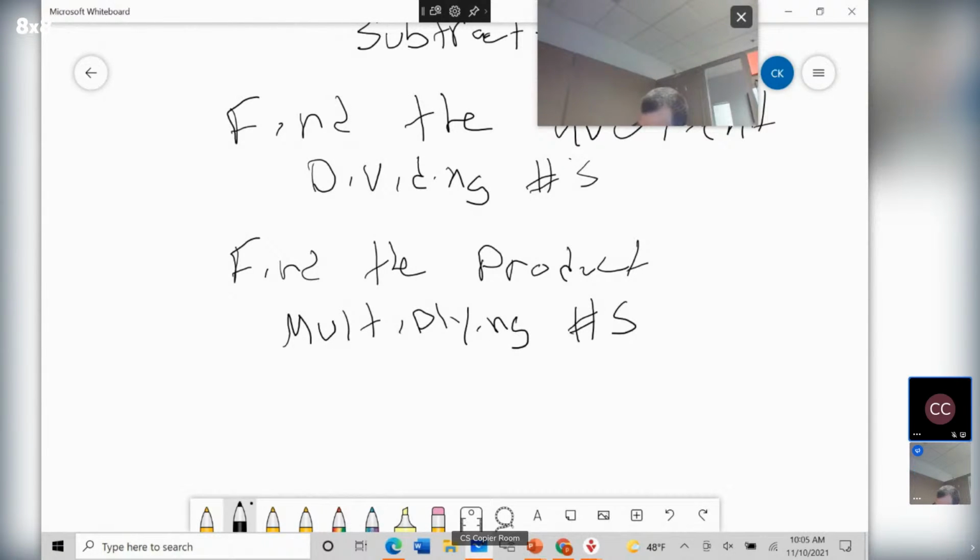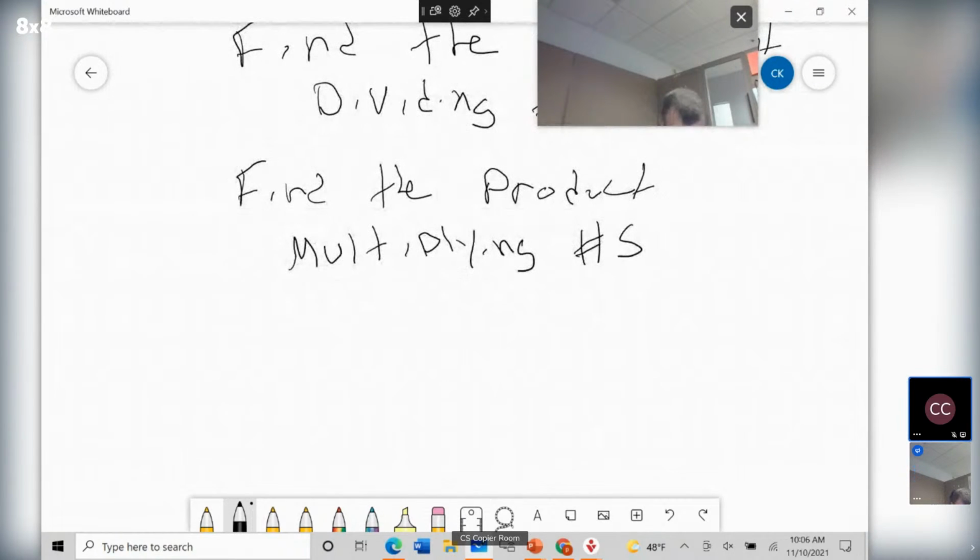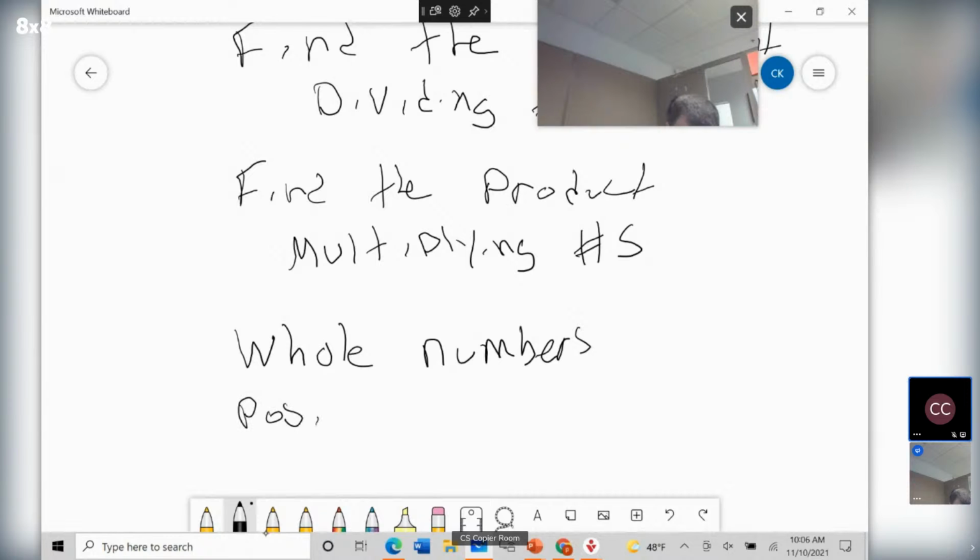And it's going to be whole numbers. And whole numbers are positive numbers written with 0 through 9.